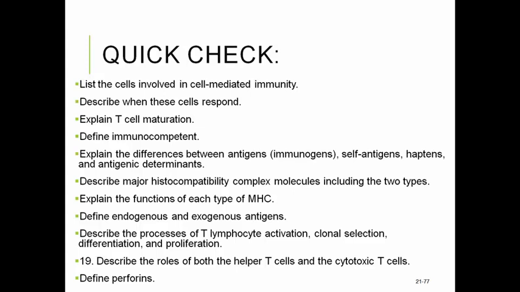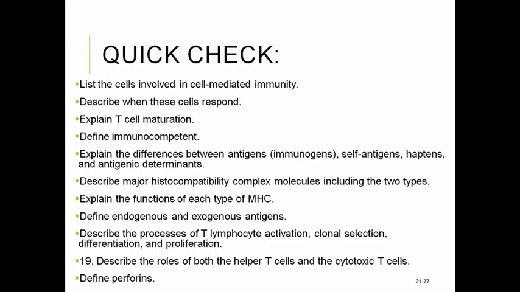In their maturation, we say that they're mature once they pass both parts of the test, and then they become immunocompetent. So we say they're immunocompetent once they know what to destroy, they do not respond to self cells, and they've passed both parts of that test, and they now begin to clone themselves. Some of them become memory T cells, some become cytotoxic T cells, and some are the helper T cells.